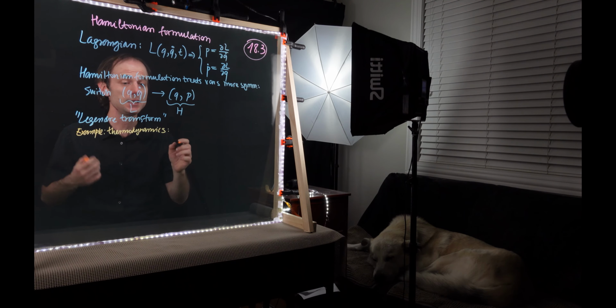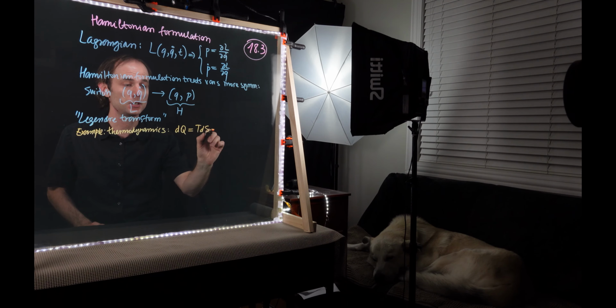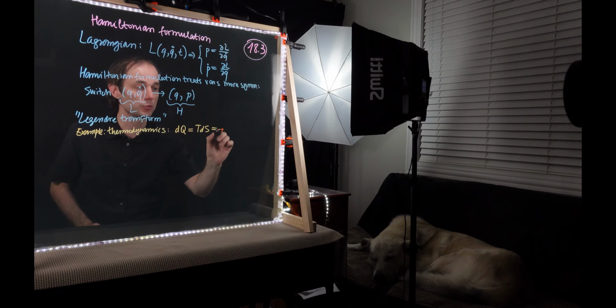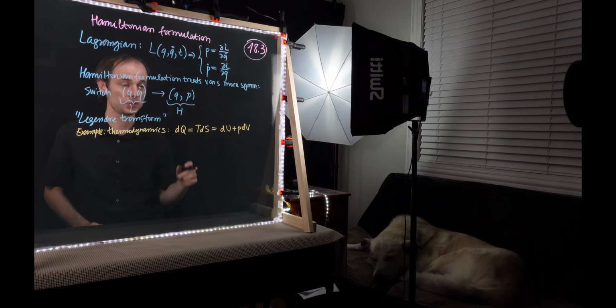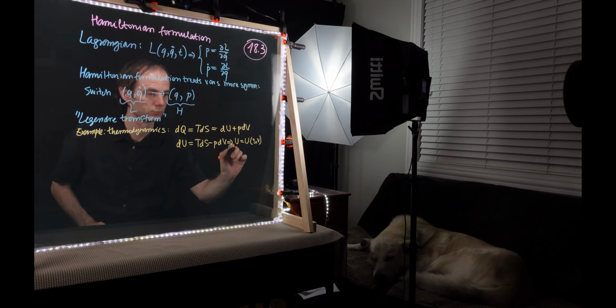Suppose we're giving heat dQ to a thermodynamic system. That will result in its increase of entropy, TdS, or we can express it in terms of its increase of the internal energy plus the work that the system can do, dU plus pdV.